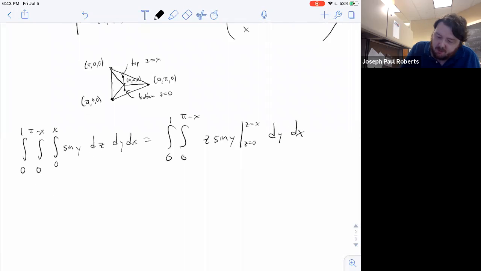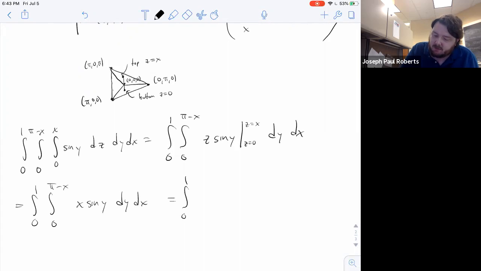So I'm left with 0 to pi, 0 to pi minus x, x sine y, dy dx, whose antiderivative with respect to y is minus x cosine y between y equals 0 and y equals pi minus x.